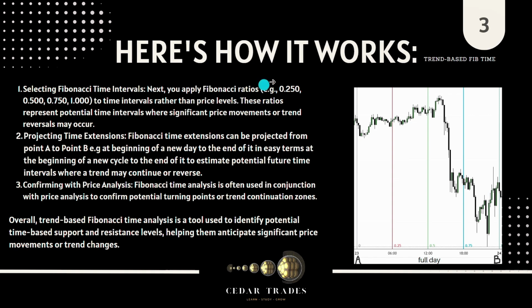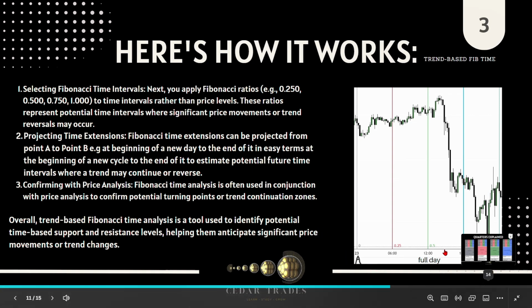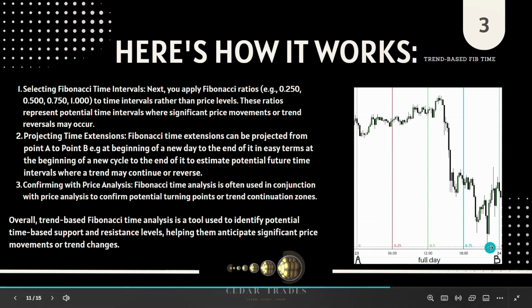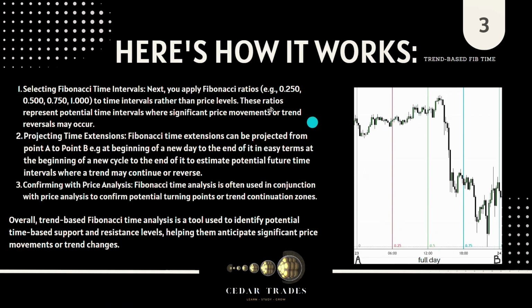So we simply add the quarters: the first quarter here, 0.25, 0.50, 0.75, and 1 as a whole. We apply this to time intervals, from point A to point B, rather than price levels from point A to point B. So we're applying the Fibonacci in time rather than price levels, and these ratios represent potential time intervals where significant price movements or trend reversals may occur.